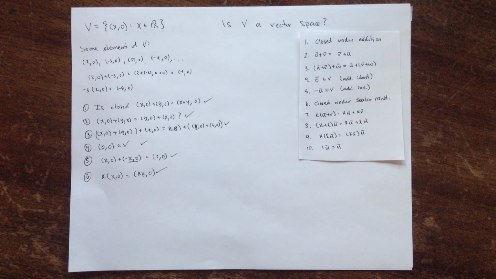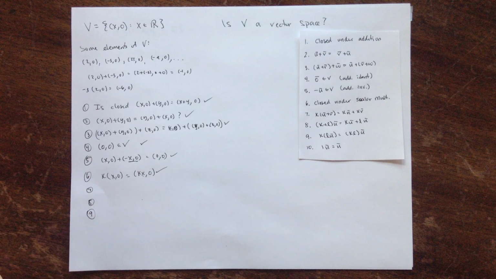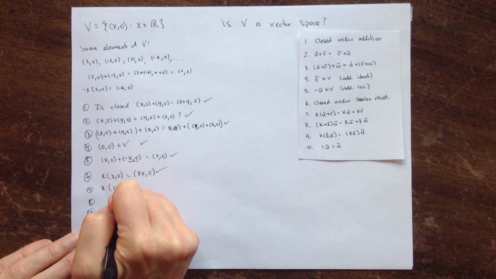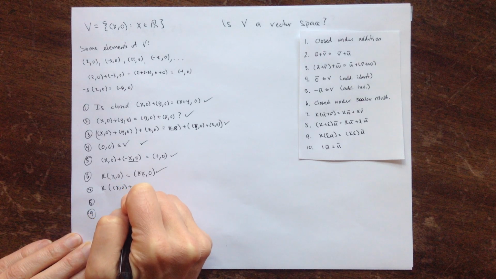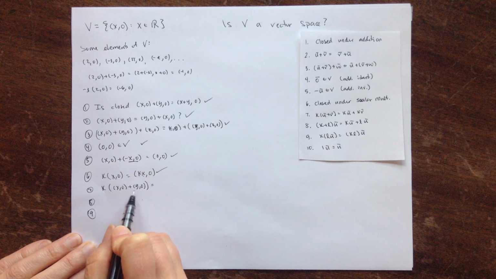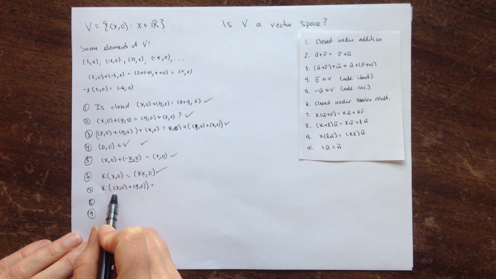The next three axioms are essentially inherited from the properties of real numbers, because if you did k times x, 0 plus y, 0, in here you'd get the vector x plus y comma 0, and then you get k times x plus y.